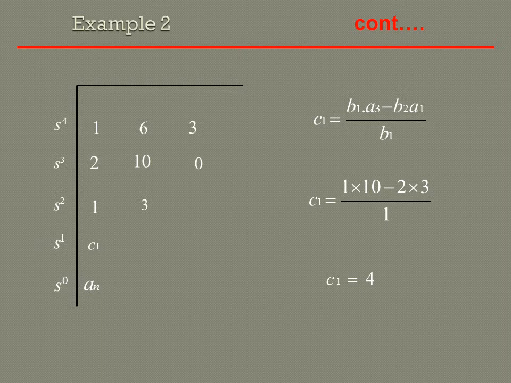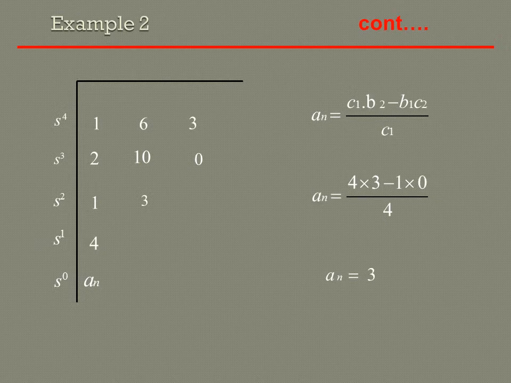Next, c1. c1 is given by b1 into a3 minus b2 into a1 divided by b1. So that is 1 into 10 minus 2 into 3 divided by 1. So c1 comes 4. Now we have to calculate the value of an.